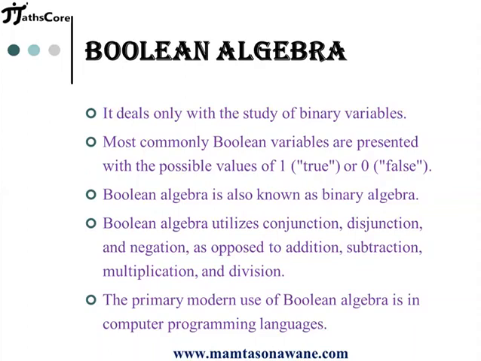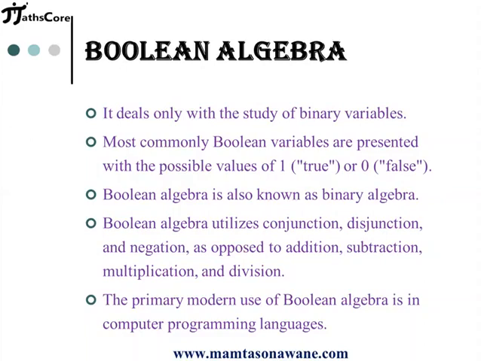So Boolean algebra is also known as binary algebra. Boolean algebra utilizes conjunction, disjunction, and negation as opposed to addition, subtraction, multiplication, and division. As you know, union and all these things, negation, are all part of Boolean algebra that you will learn at the higher secondary level.